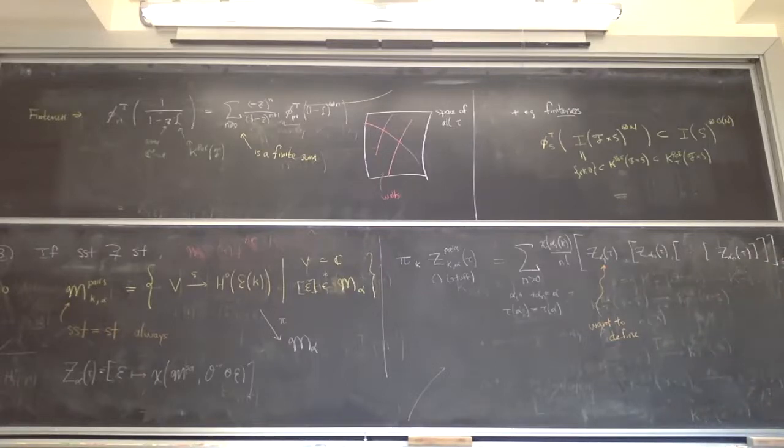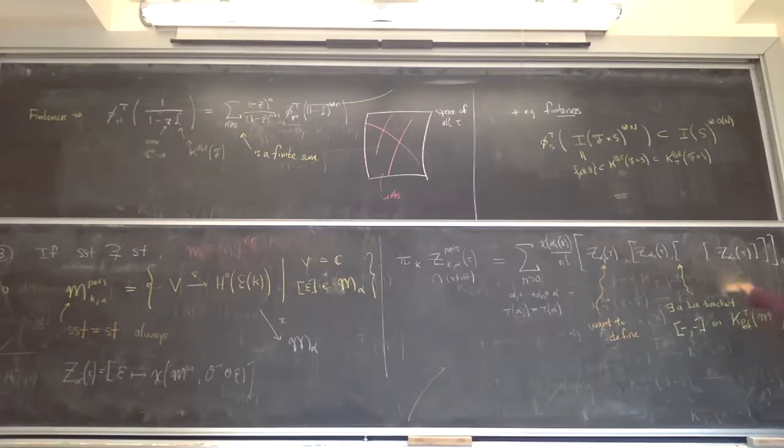Let me first start with what these square brackets are. Okay. So this whole formula is happening inside the K-homology of M pairs. And the non-trivial claim is that there exists a Lie bracket on the K-homology of M pairs.